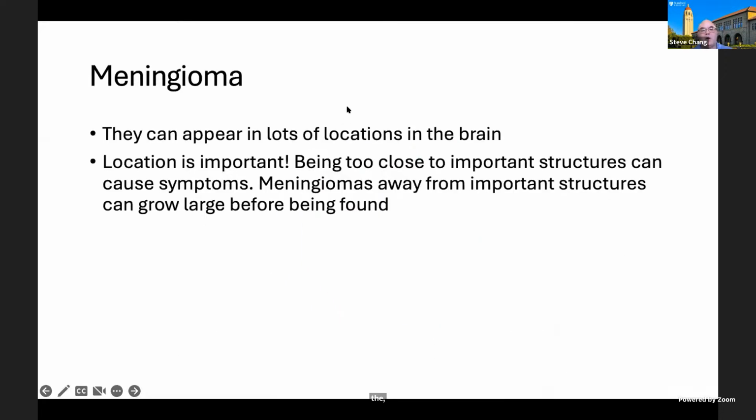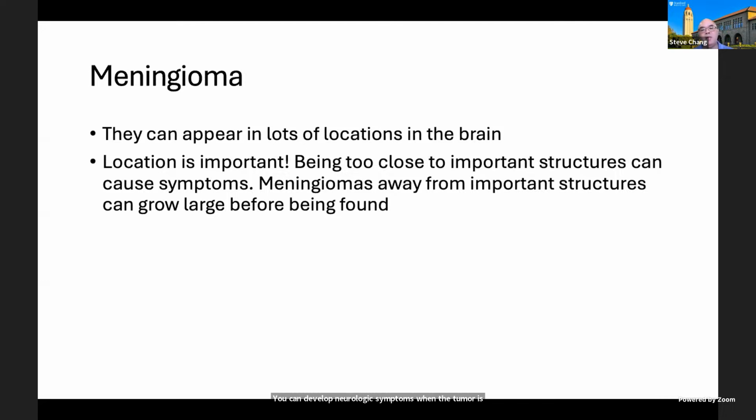Meningiomas can occur in lots of different locations of the brain. As I said, wherever those arachnoid cap cells are located, you can get a meningioma. The location is probably the number one factor in determining clinical symptoms, because if the meningioma is close to a critical area of the brain, such as language function, strength, or vision, you can develop neurologic symptoms when the tumor is fairly small.